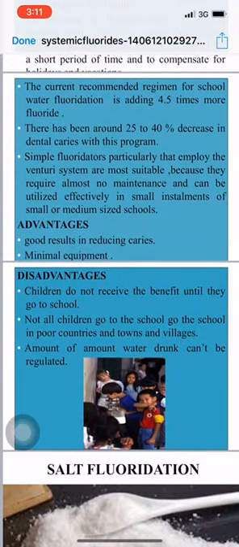Also, simple fluoridators, particularly those that employ the Venturi system, are most suitable because they require almost no maintenance and can be utilized effectively in small establishments, small or medium-sized schools.